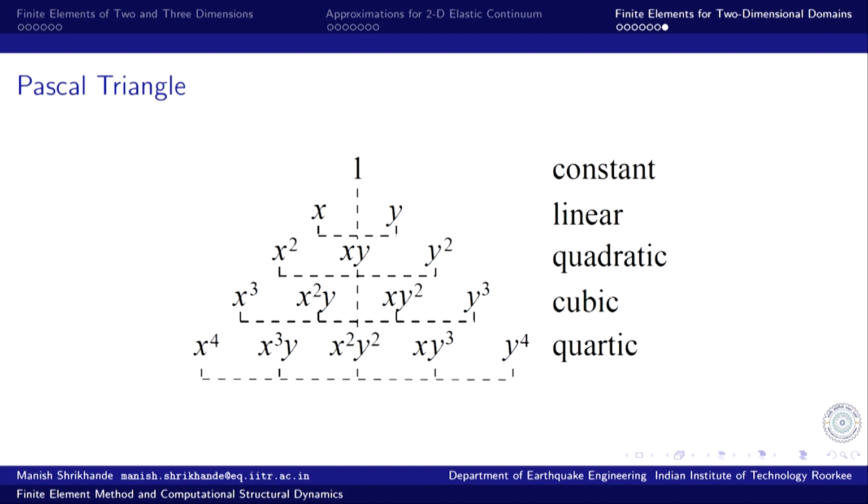So, when I have all these 3 quadratic terms, the approximation is capable of accounting for all these 6 terms, right, starting from constant to quadratic, then I can say that the approximation is complete up to quadratic, right, and whatever extra is there, that is the spurious term.